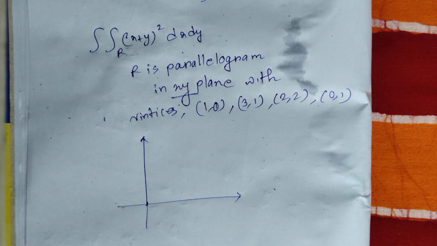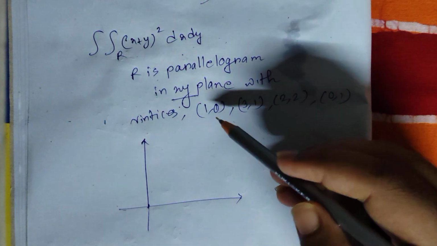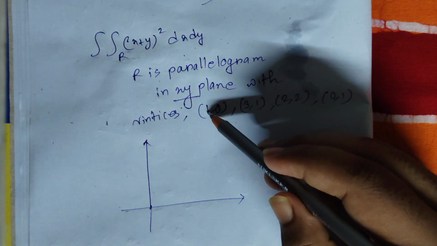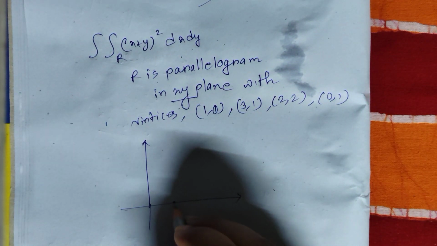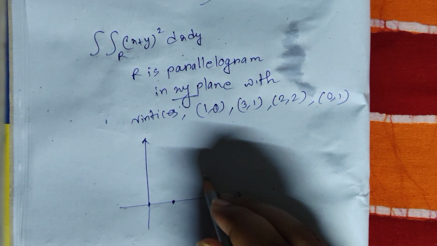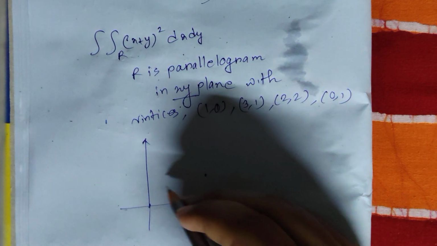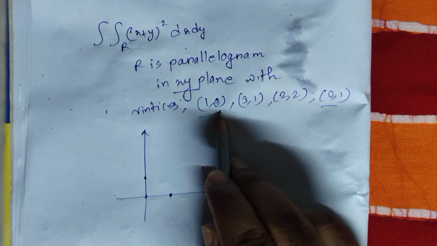So basically the graph is, you can see, 1 comma 0, let's say this point. 3 comma 1, let's say this point. I'm just assuming, let's say this is 0 comma 1.